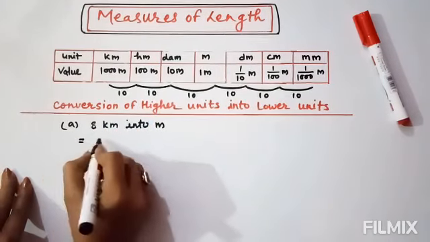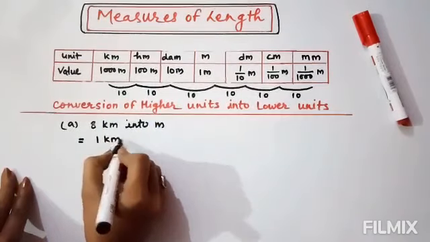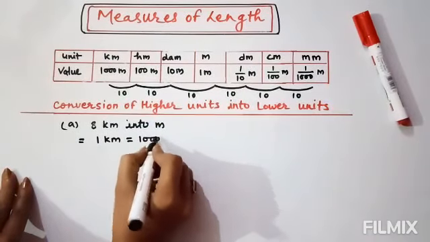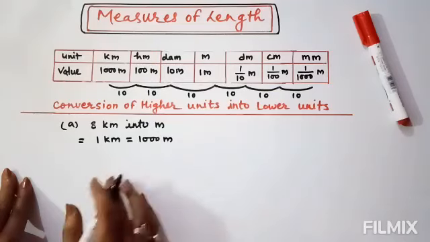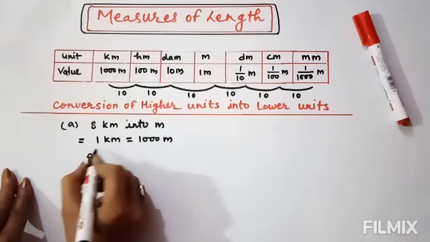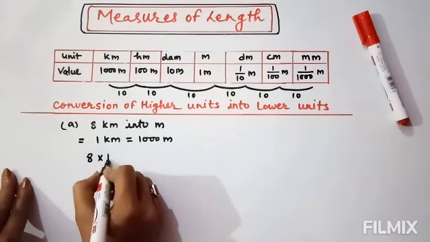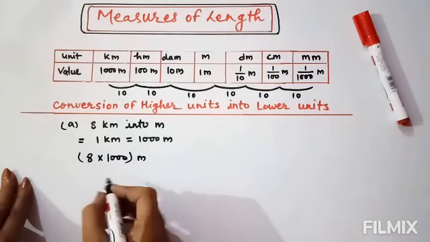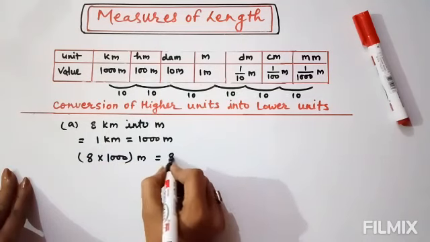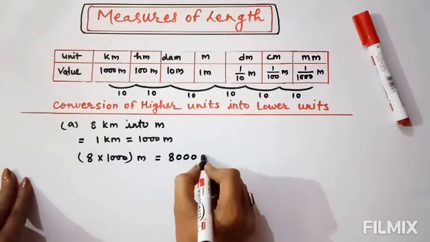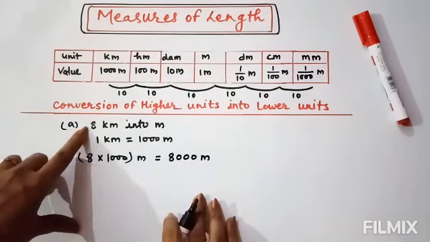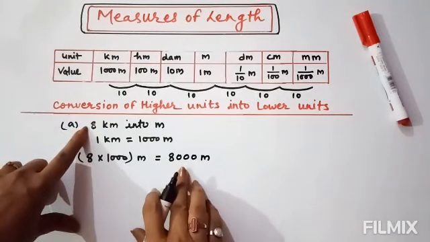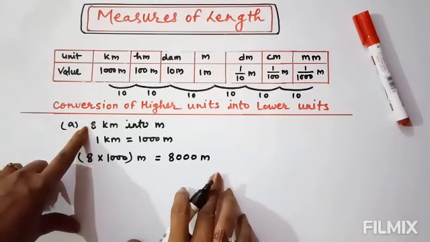We can take 1 kilometer is equal to 1000 meter. Understand? Now that is easy. 8 multiplied by 1000 meter means we have the answer 8000 meter. Clear? 8 kilometer converted into meter, our answer is 8000 meter.